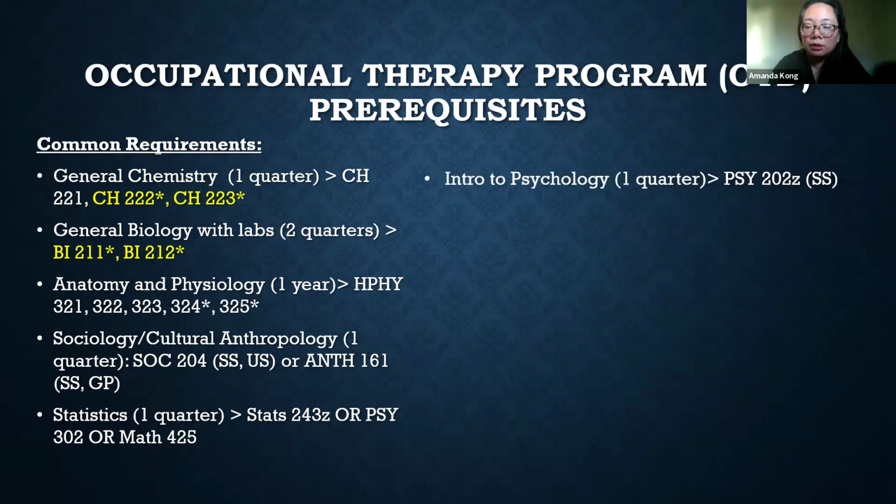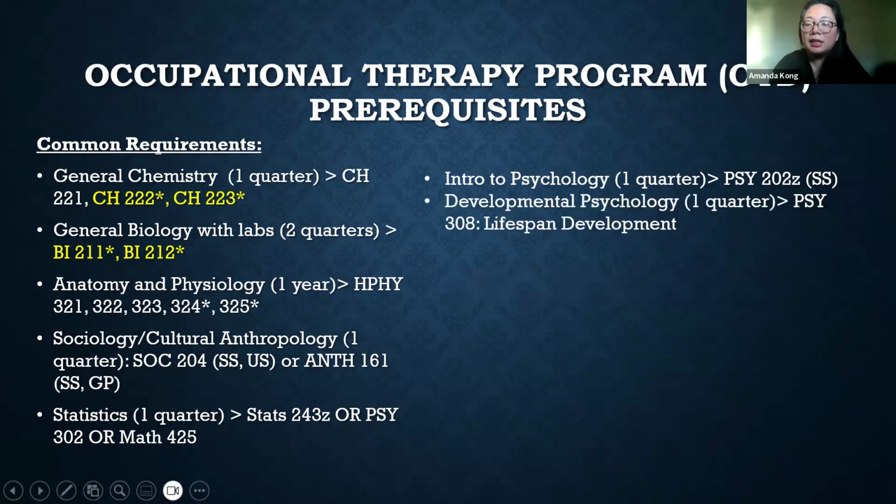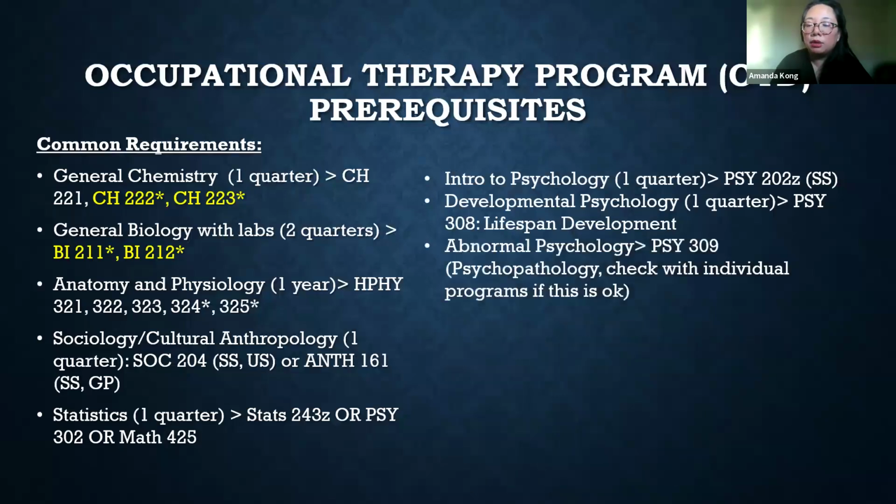You'll also need 1 quarter of psychology. That would be Psychology 202, which also counts for your social science core eds. That's because that's the prerequisite for Psychology 308, which is lifespan development, and you need 1 quarter of that as well. You'll also need 1 quarter of abnormal psychology. We don't actually have that here at UO.